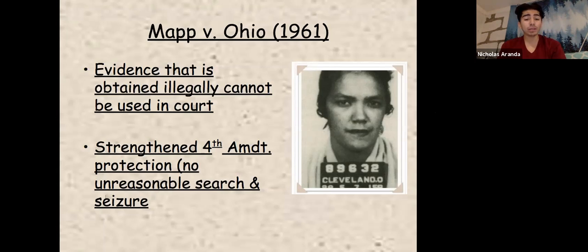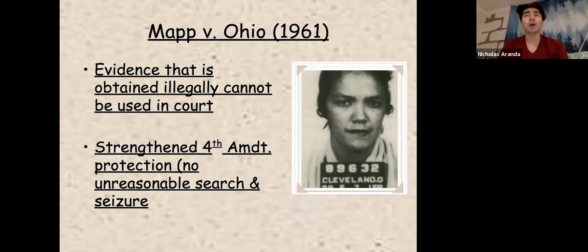This strengthened the Fourth Amendment, which allows you protections against unreasonable search and seizure. So if the police or the district attorney's office find things on you, unless those things were obtained legally, with due process, with things like warrants or reasonable suspicion, then those things cannot be used to incriminate you.